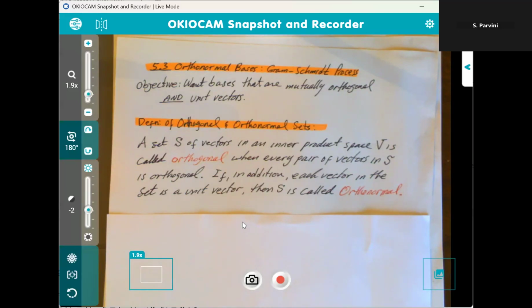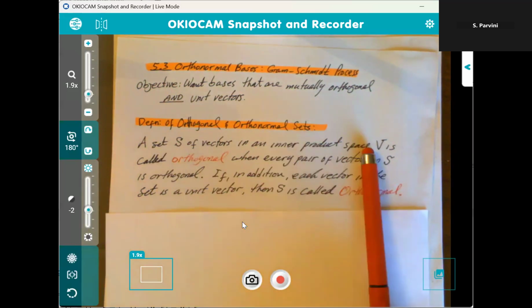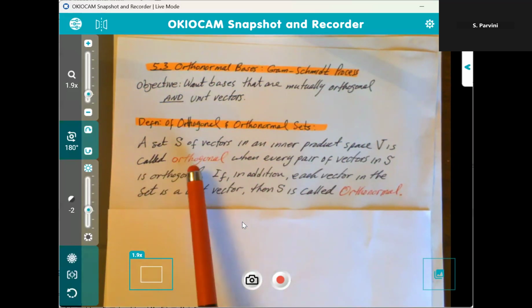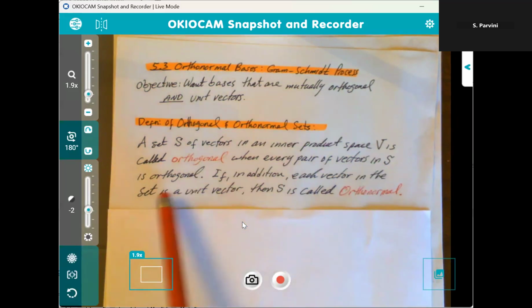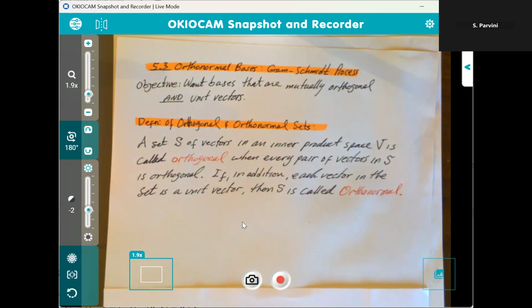So a set S of vectors in an inner product space is called orthogonal when every pair of vectors in S is orthogonal. Every pair. So what do we mean by every pair?